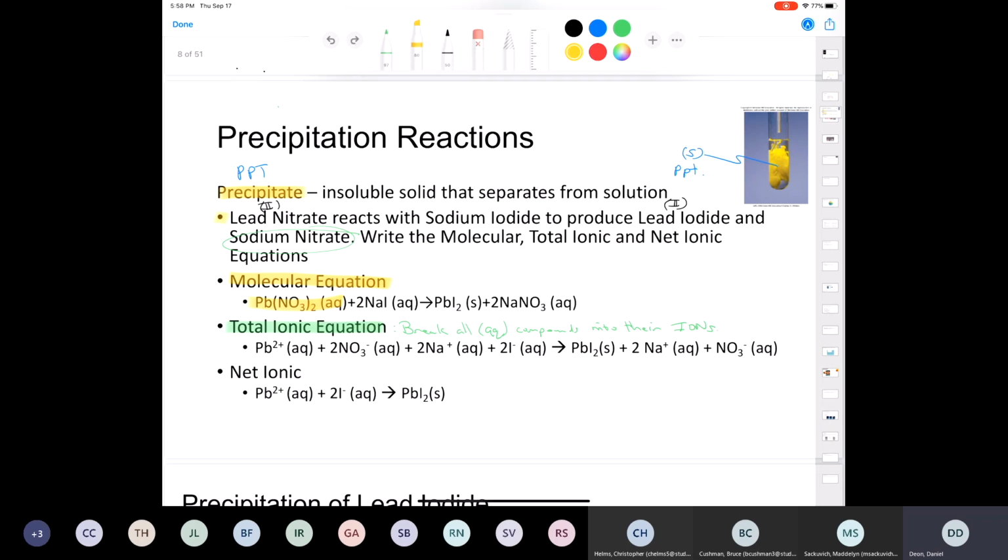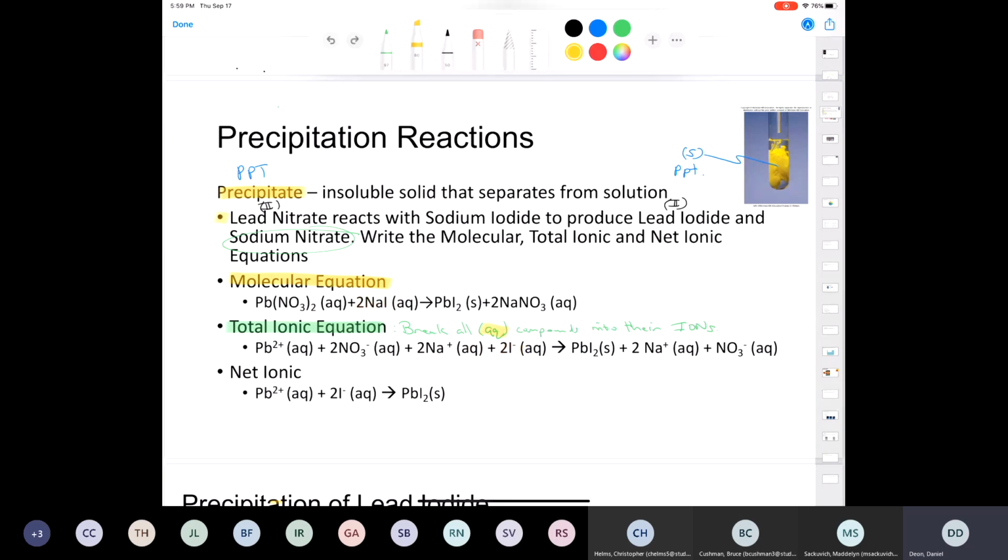That means that in my ionic equation, I'm going to write it out in its ions. So everything that's AQ. I have a lead 2 ion, I have a nitrate ion, and I have 2 of those. I go to the sodium iodide, I see that that's aqueous. I have 2 sodium cations, they're aqueous. I have 2 iodides, they're aqueous.